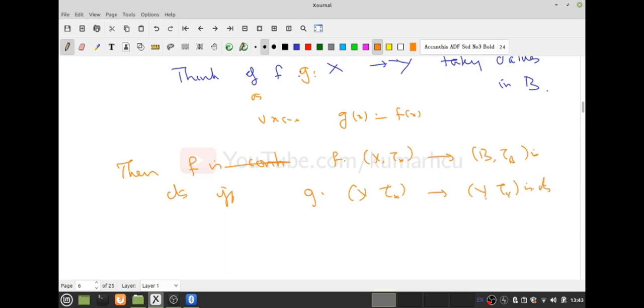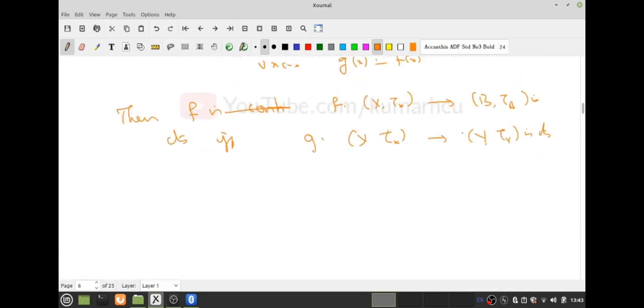Remember, G is nothing other than F. Is the statement clear?